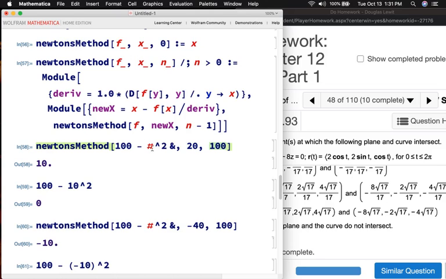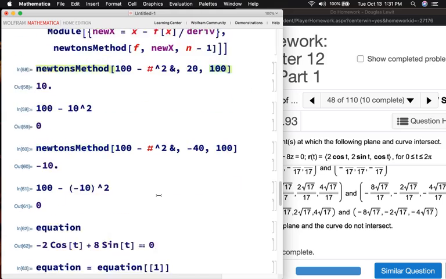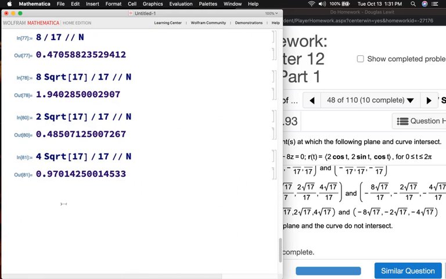This is the algorithm. Now, if this is a little bit too much for you, you can always use FindRoot. FindRoot is another function in Mathematica. For example, 100 minus some variable squared, and we're going to start out with 12. Here t is my variable, and my initial guess is 12.